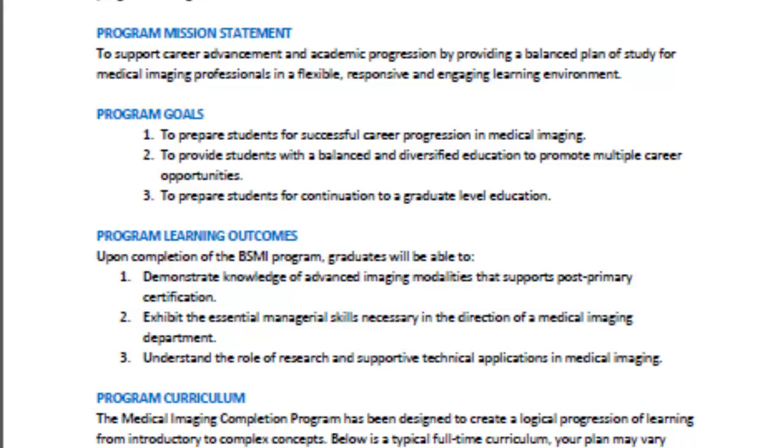But that is one of the goals of this program, to provide that progression for you. It is fundamentally different from an associate's degree program, whose primary goal is entry-level employment for a student. Again, our goal is, beyond that, moving you forward through your career after that entry-level piece. So again, a fundamental difference.